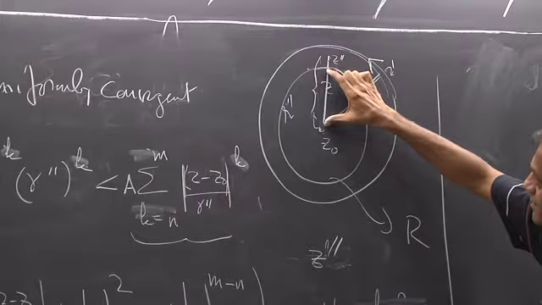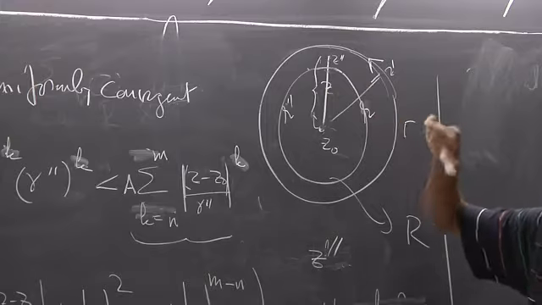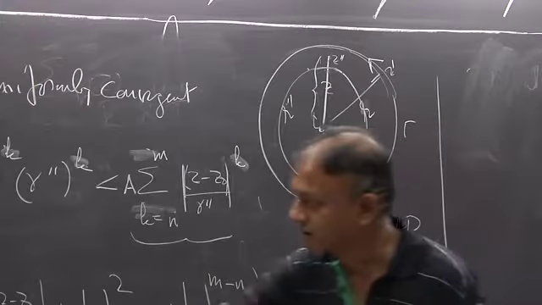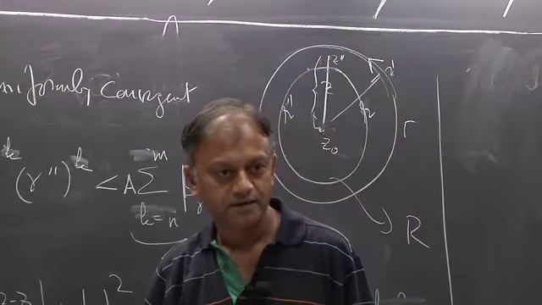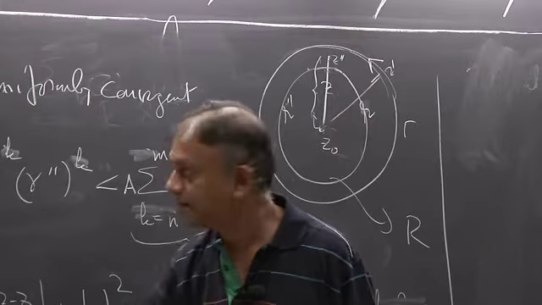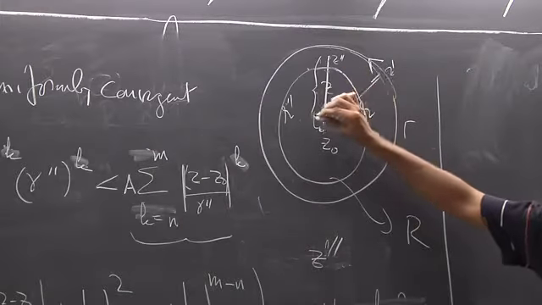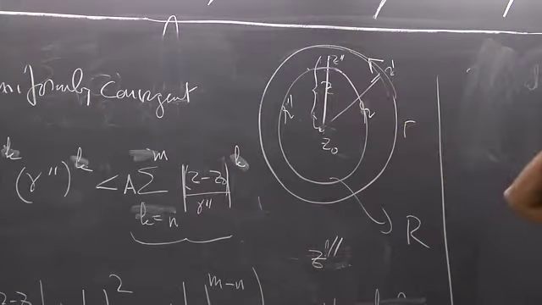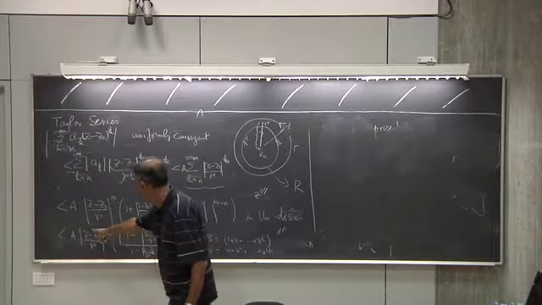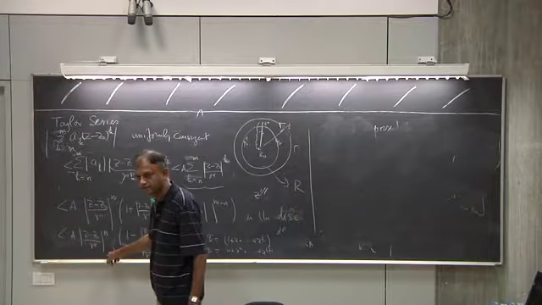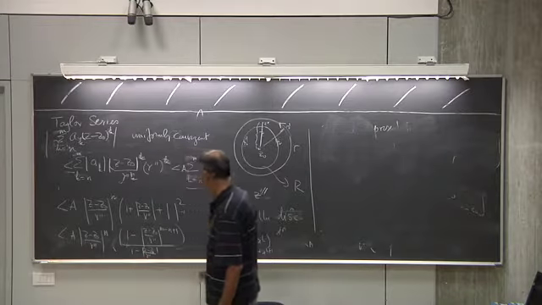I mean, less than that number, this ratio, which is less than 1. So you can go to sufficiently large n, independent of where the z is inside. And you can make this arbitrarily small. That's the idea.